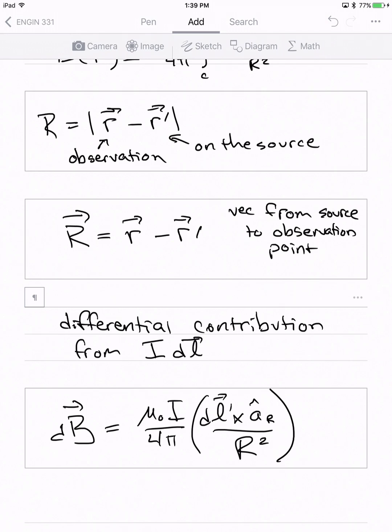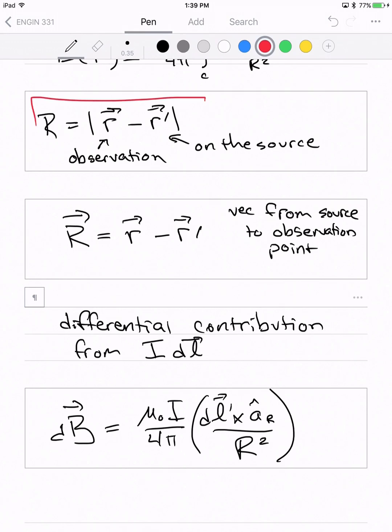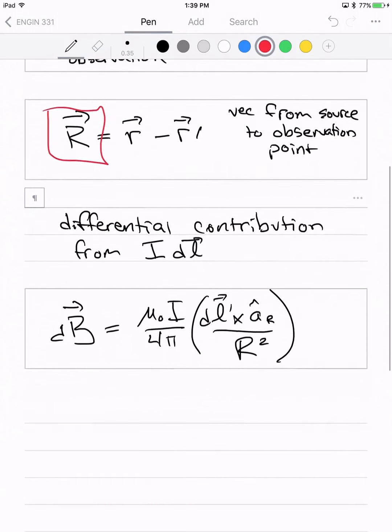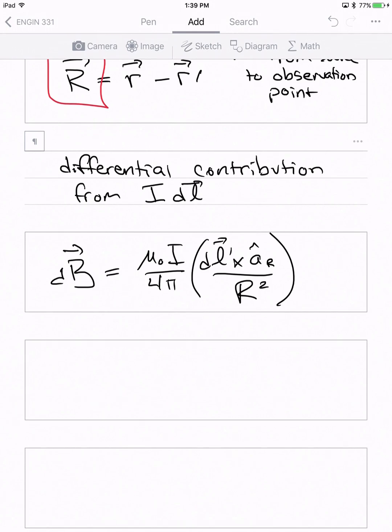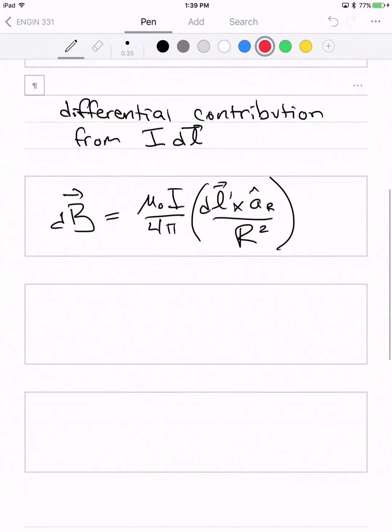So like I said, a hat big R is in the direction of big R, and big R not a vector is as I showed you up here, and big R the vector is over here. Now, there's one other way to write this differential contribution which is useful to us, and that is, we can also write dB this way.